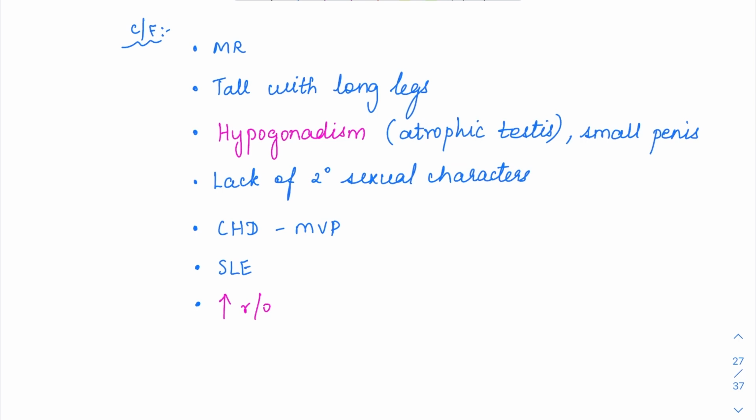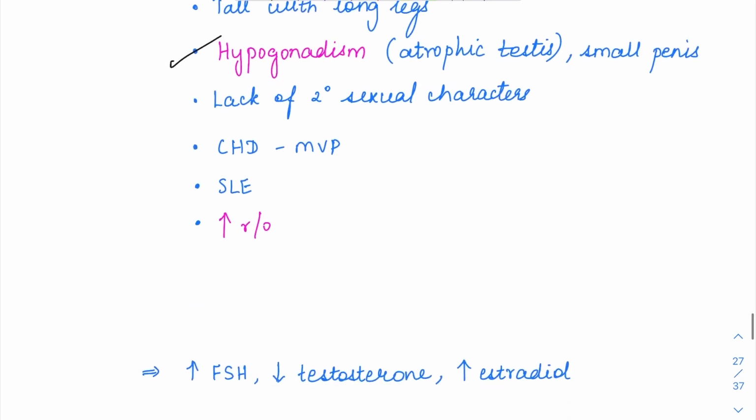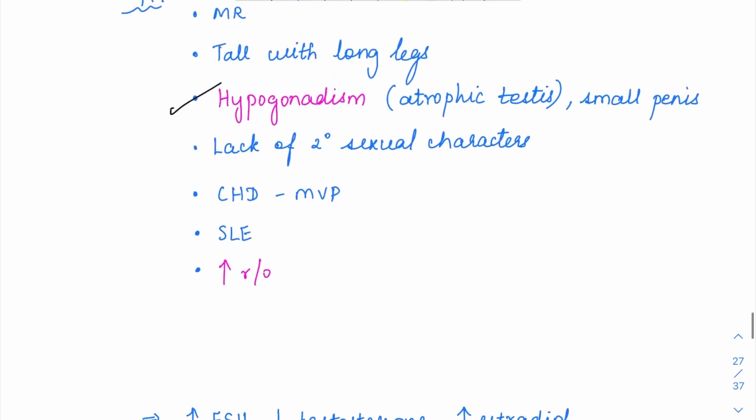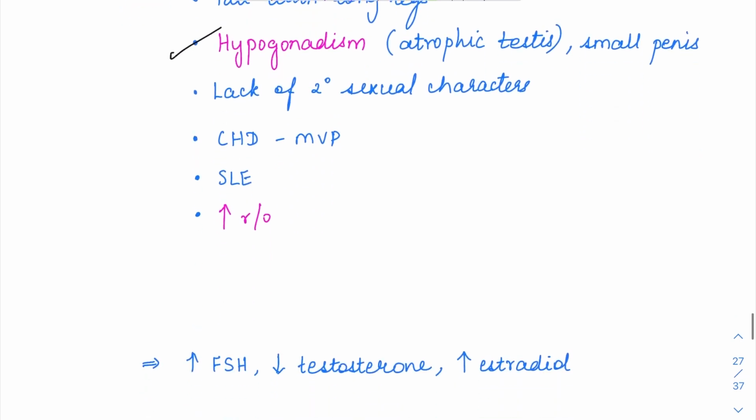Clinically, they'll give the history of a very tall guy with long legs, like a Marfanoid habitus basically. Along with that, they'll have a history of hypogonadism, atrophic testis and small penis, and secondary sexual characters wouldn't have developed in these patients. And then they'll have mental retardation as well.